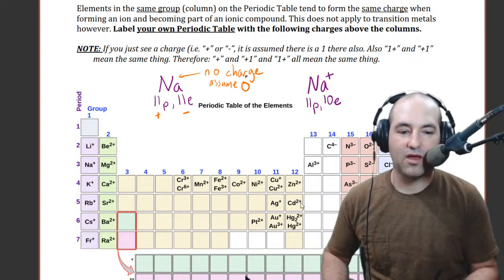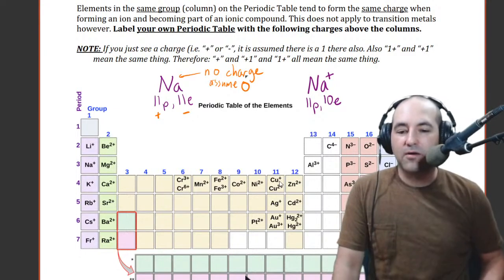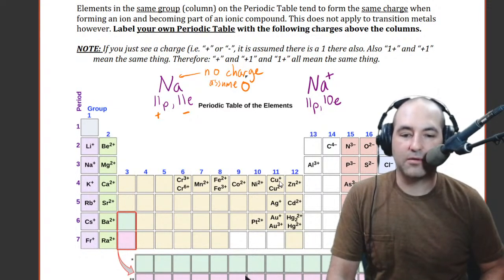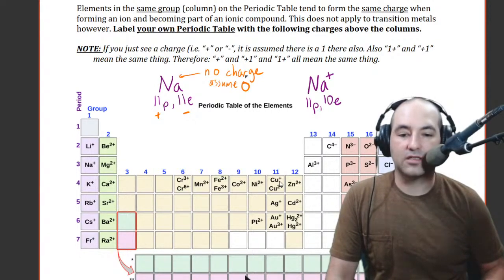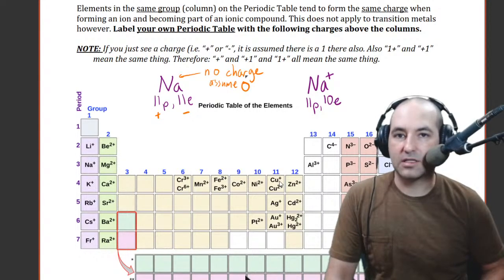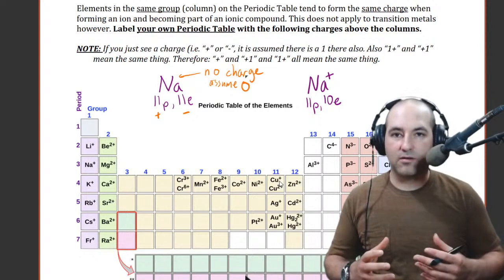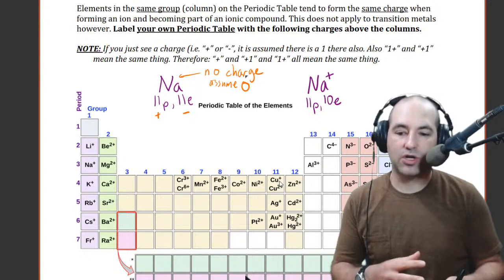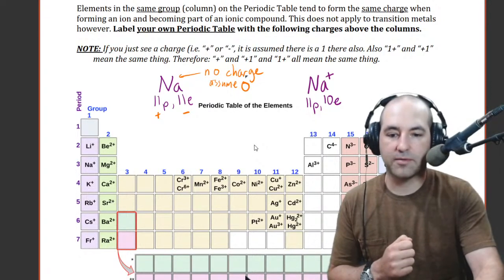Okay. So that said, there are several elements throughout the periodic table whose charges are predictable, sodium being one of them. And by predictable, I mean when they're neutral, and when they're charged, they always carry the same charge. And this is actually a figure from our book.